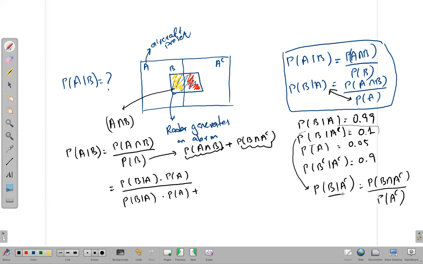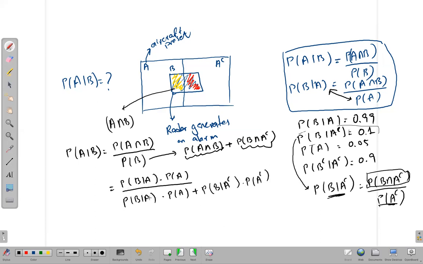So I was given this one and this one. So I can rewrite this part, and this part is equal to probability of B given A complement times P(A complement), right?